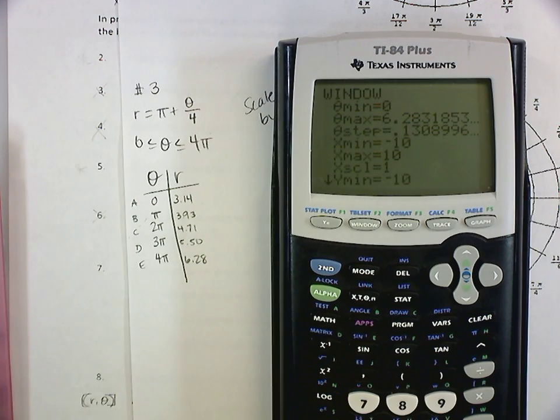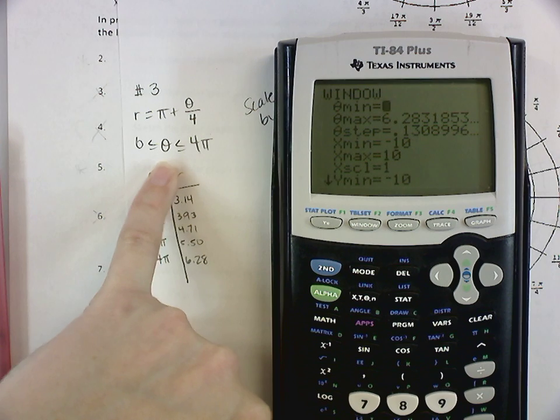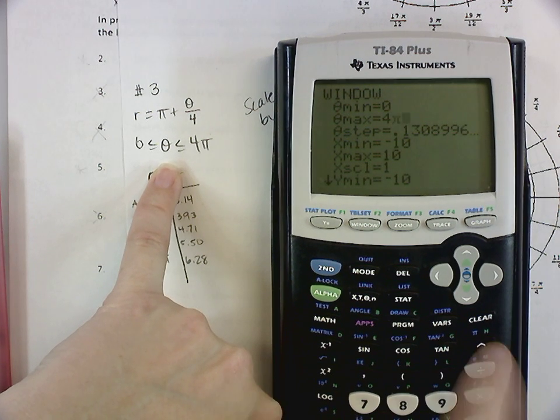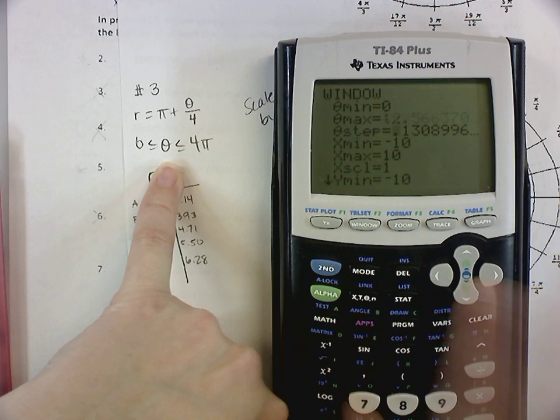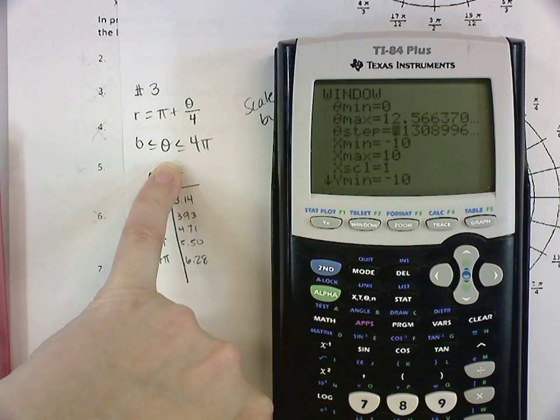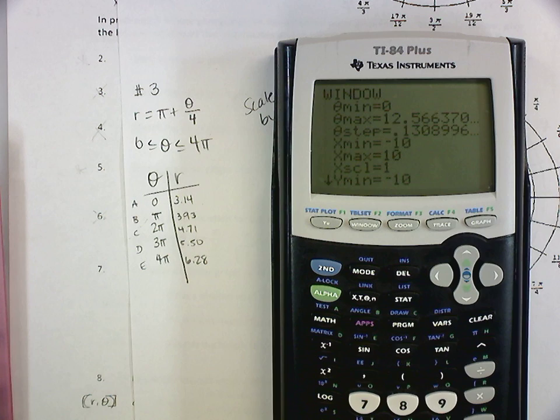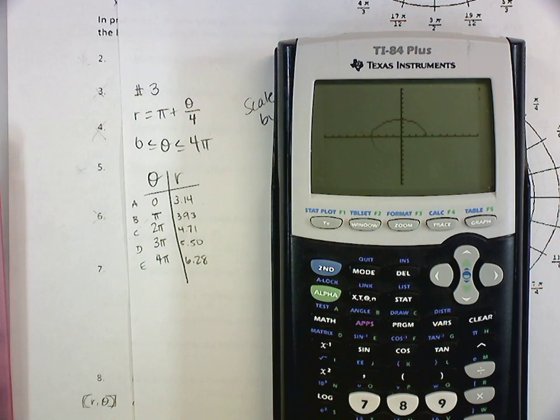Okay, so now I'm going to go to my window. So it says theta min, theta max. So this says my theta has to be between 0 and 4 pi. So I'm going to do 0 and 4 pi. Your step's not going to matter. You can keep it as it is, or you can change it to pi over 12. Any of those are fine. And then we can go to our graph.